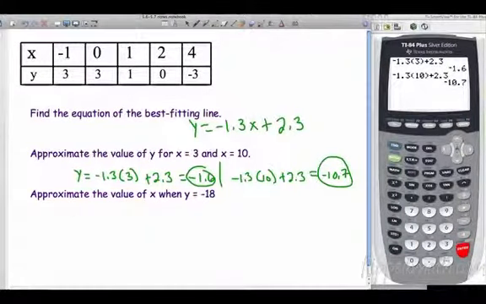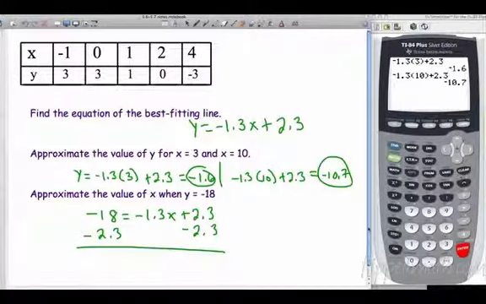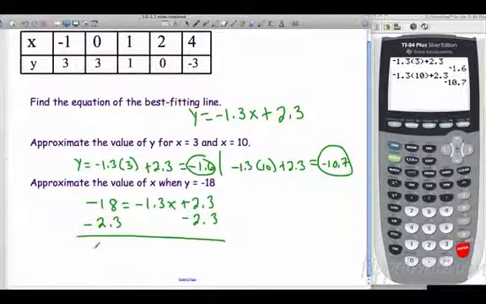Now approximate the value of x when y equals negative 18. So now we're going to solve an equation. Negative 18 equals negative 1.3x plus 2.3. So subtract 2.3. That gives us negative 20.3 equals negative 1.3x. Divide by negative 1.3.